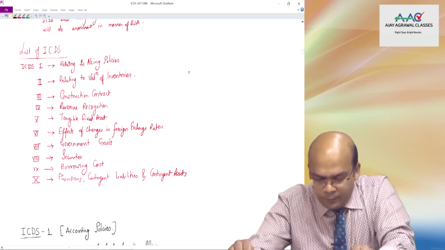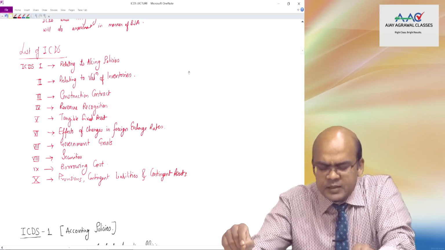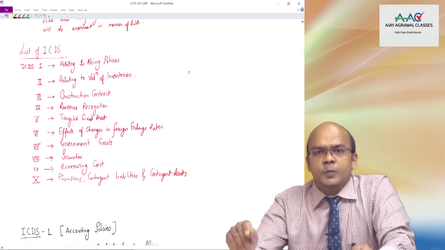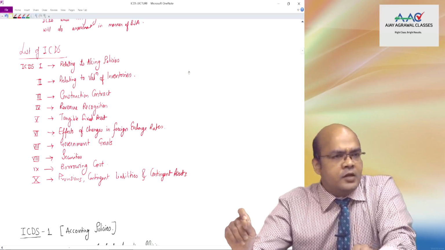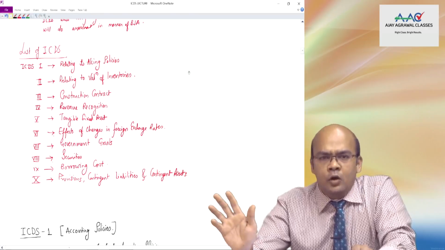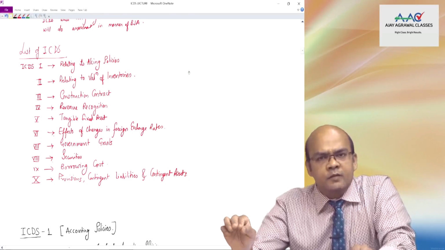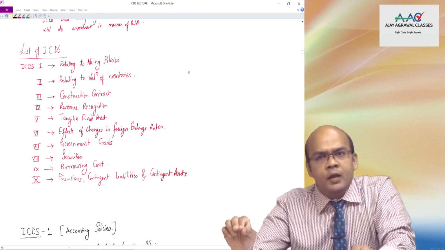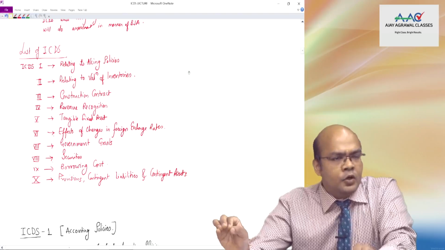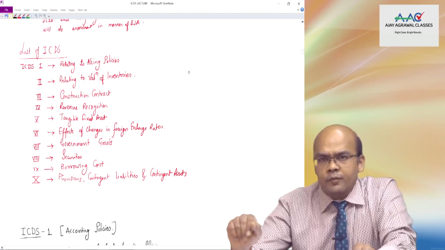Fine. Now here in this case, remember one thing that we do in income tax also, specific law is preferred as compared to the general law. मतलब क्या, अगर specific provision है, if specific provisions are there, you don't prefer the general law. Is it correct or not?